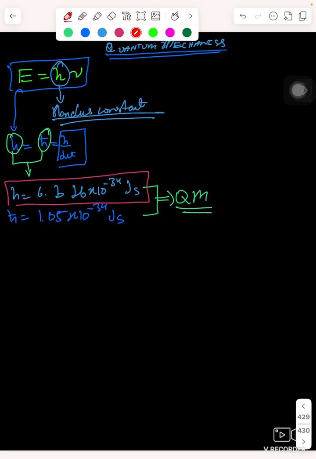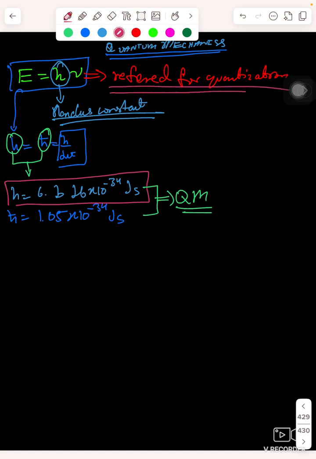Now we know that this equation is referred to for the quantization of light, right? If we write this equation the other way, E is equal to h nu, it's not v, it's nu, and it stands for frequency.